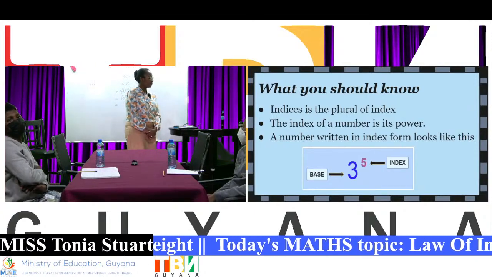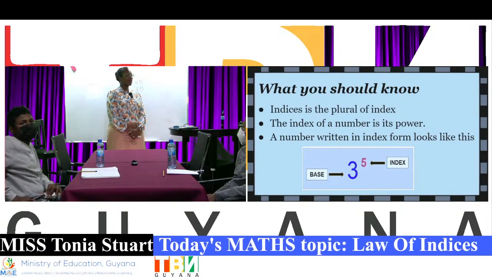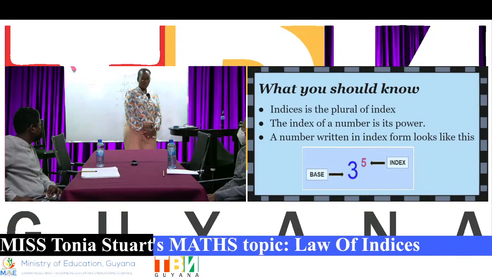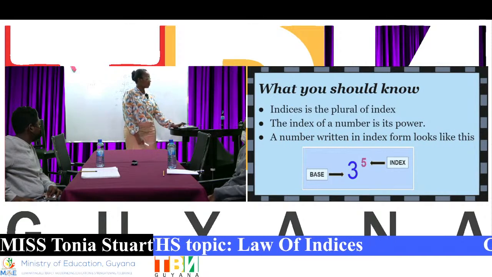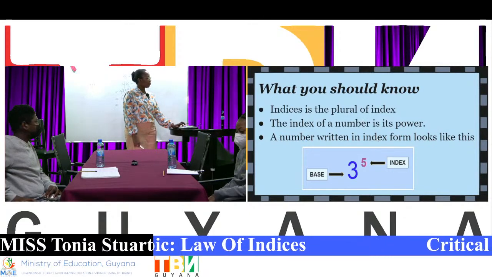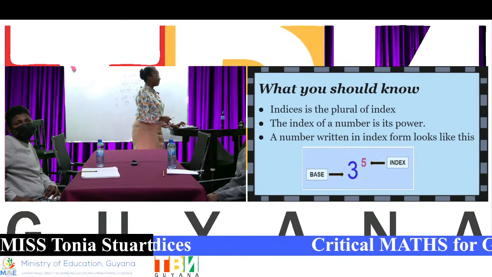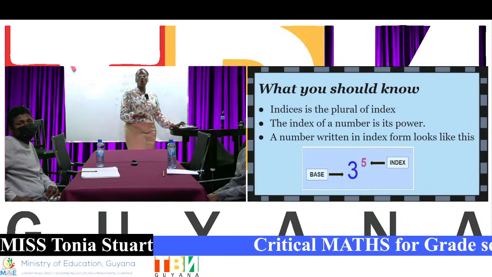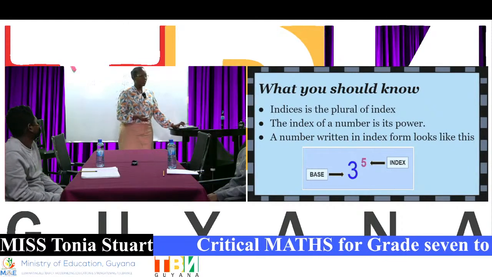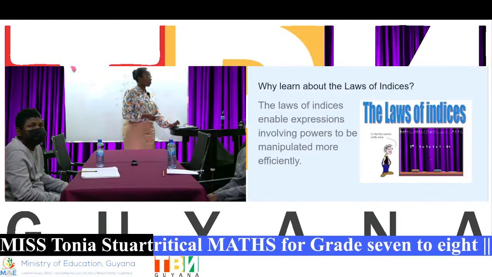And then you have the index or the power or the exponent, as we would call them. So your numbers for indices will most likely look like a number and a power, or a letter and a power. Read, Aliyah.